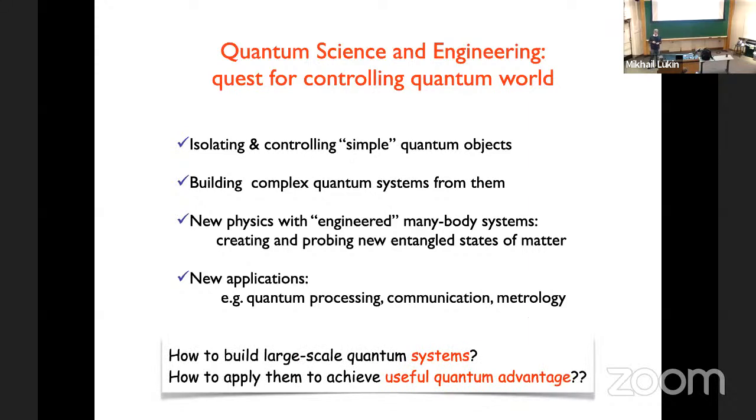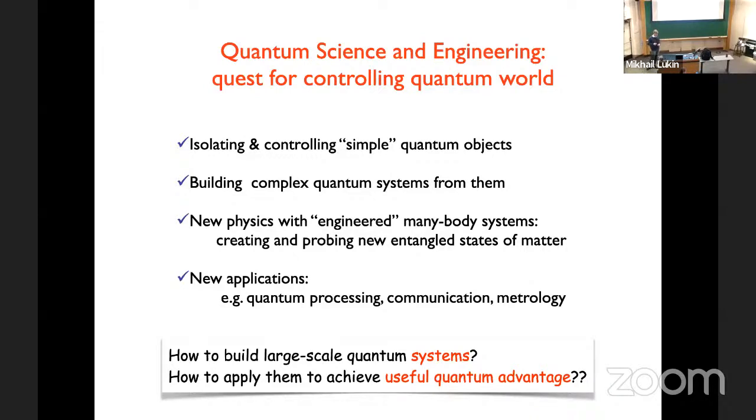Of course, this is now a very exciting field. You read about it almost daily, but it's worthwhile sometimes to stop, step back a little bit and realize that there are two big challenges the field is facing. Despite all of this excitement, we do not yet know if and how we can build truly large-scale quantum systems containing millions of qubits, and keep them coherent and quantum mechanical.